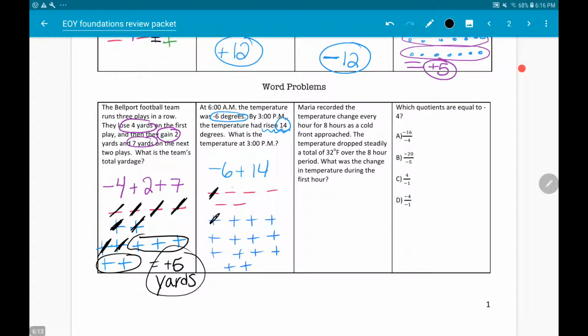How many are left? 1, 2, 3, 4, 5, 6, 7, 8. So it is +8 degrees.